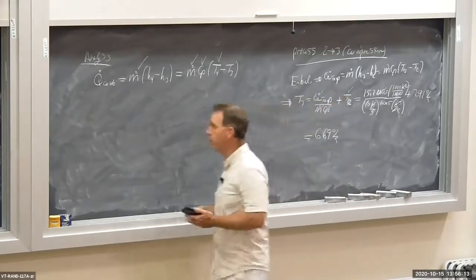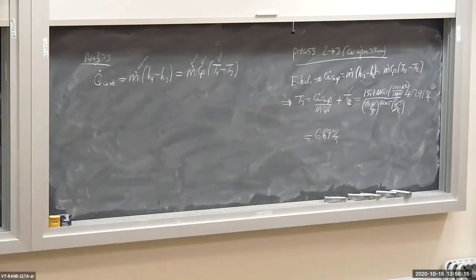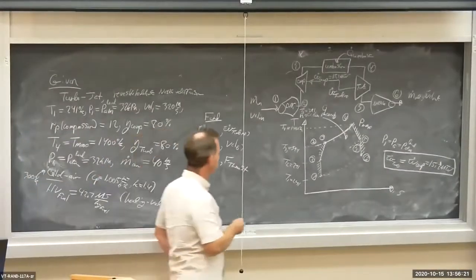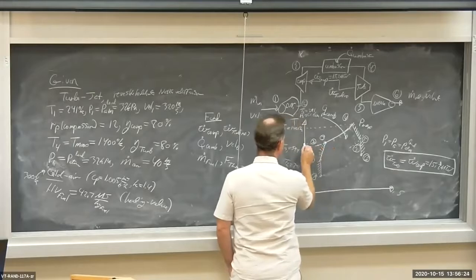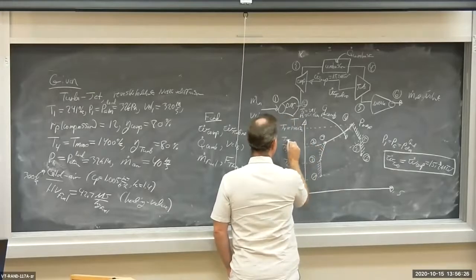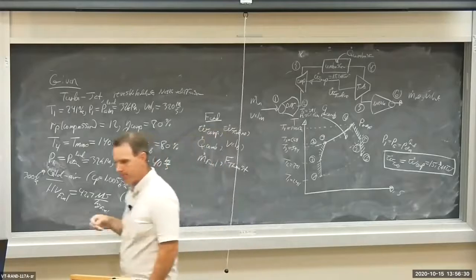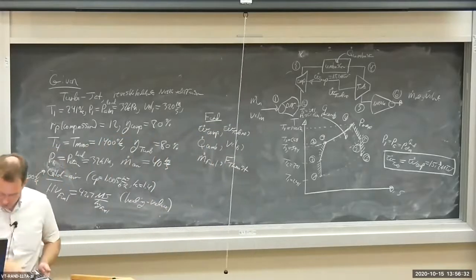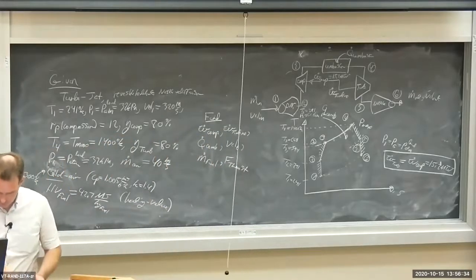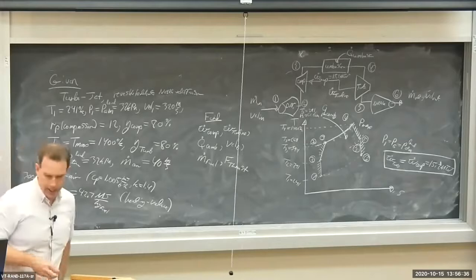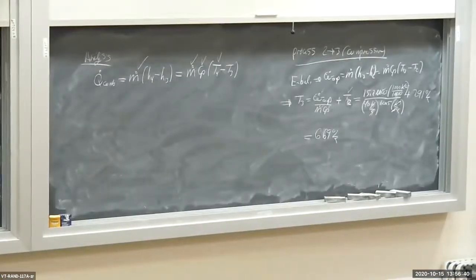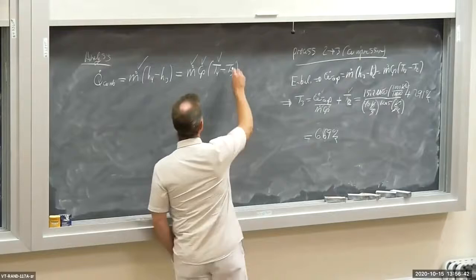So T3 is 669 degrees Kelvin. I'm going to put that in my diagram here. I might need that later. And now I can calculate the heat transfer because I have the combustor inlet temperature T3 now.